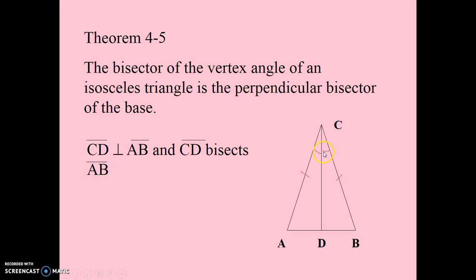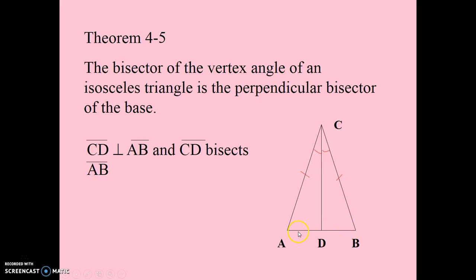Notice how that angle is bisected, split into two congruent angles. And then it says, let's make sure we have the next part, of an isosceles triangle. First off, do we have an isosceles triangle here? Yes. So then that means that this line is the perpendicular bisector of the base.